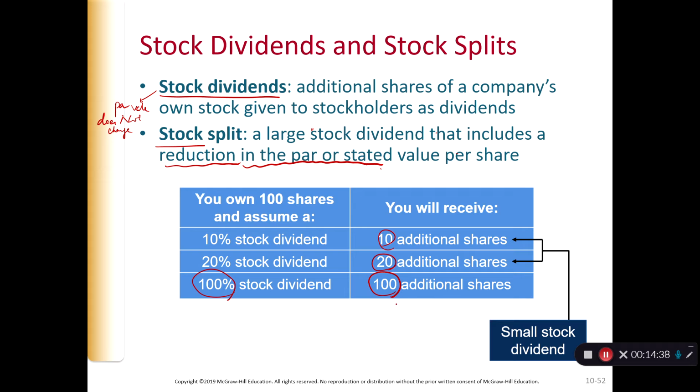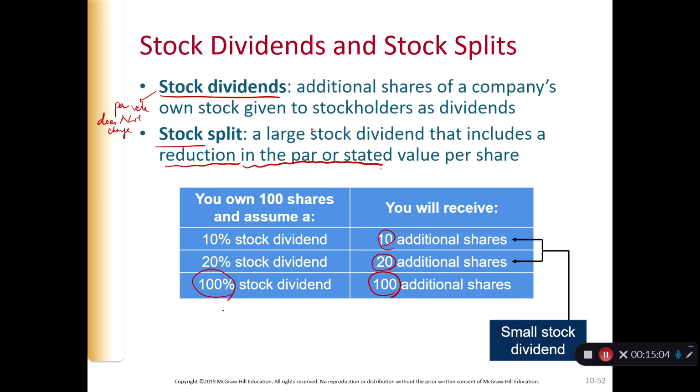You can think of a company as a pizza. A 100% stock dividend is like changing 8 slices of pizza into 16 slices by cutting each slice in half. You are no better off with a 16-slice pizza than the original 8 slices. Whether it's cut into 8 large slices or 16 small slices, it's still the same size pizza.